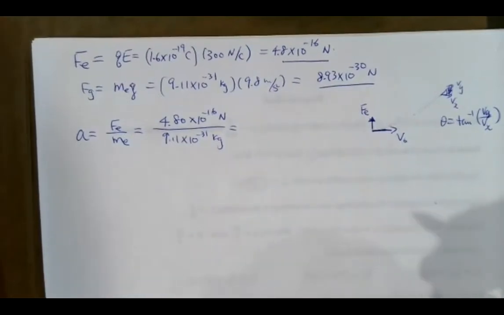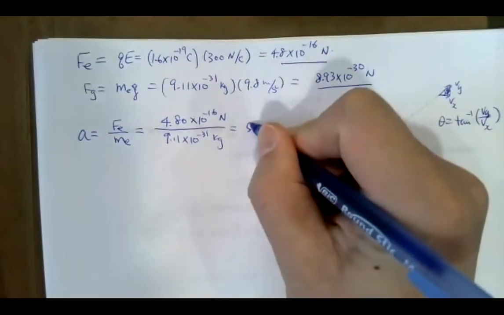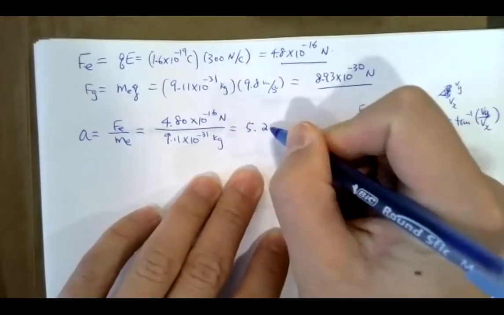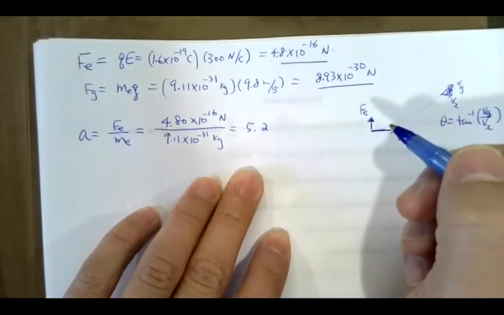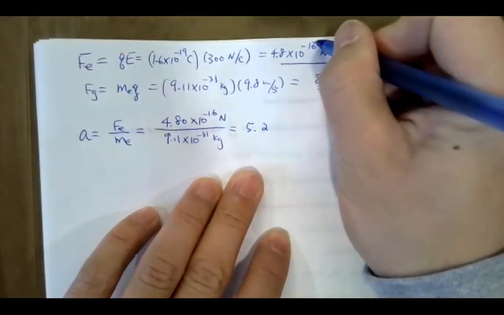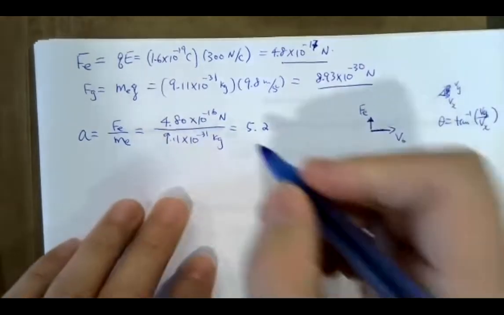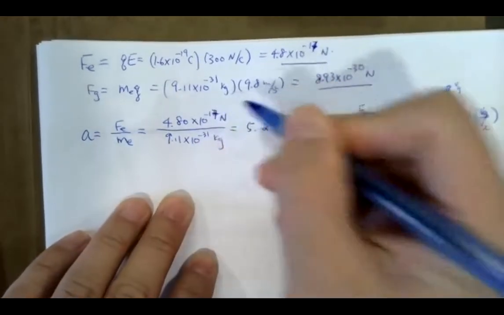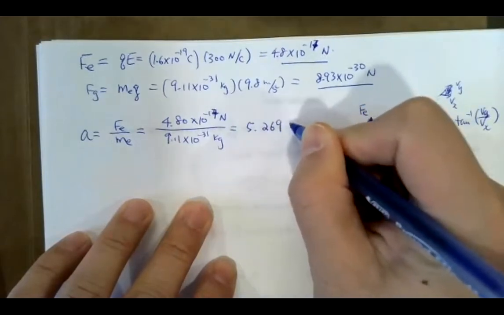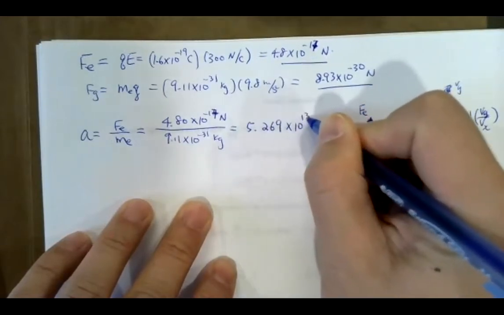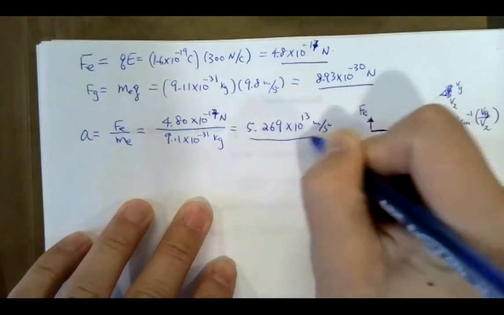That would be, or actually 17 here instead of 16, 5.269 times 10 to the 13 meters per second squared. Okay.